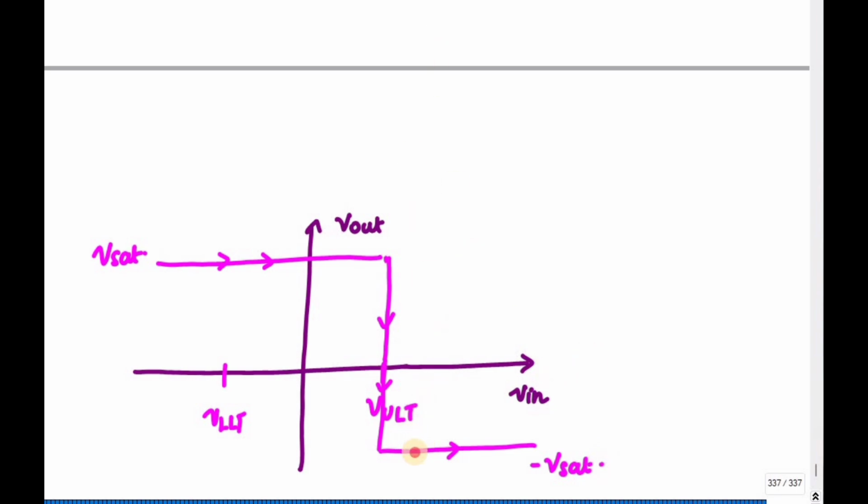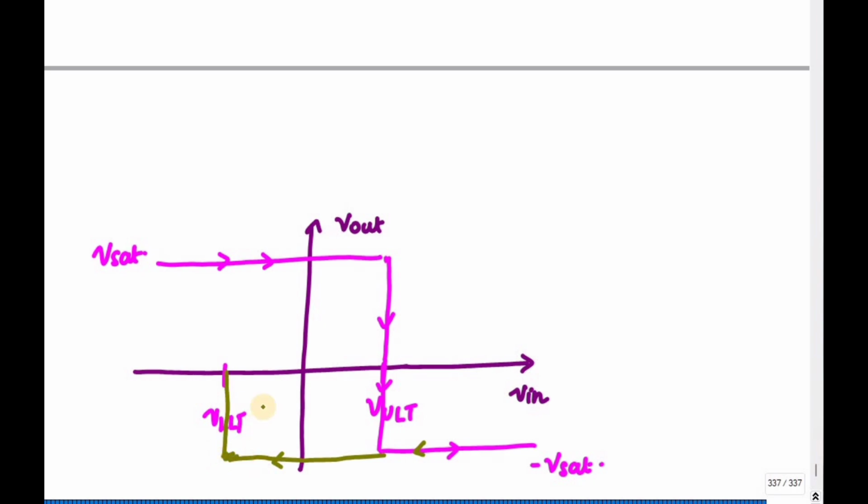And again, I am going to decrease my input voltage. Whenever it goes below the VLLT value, what happens?